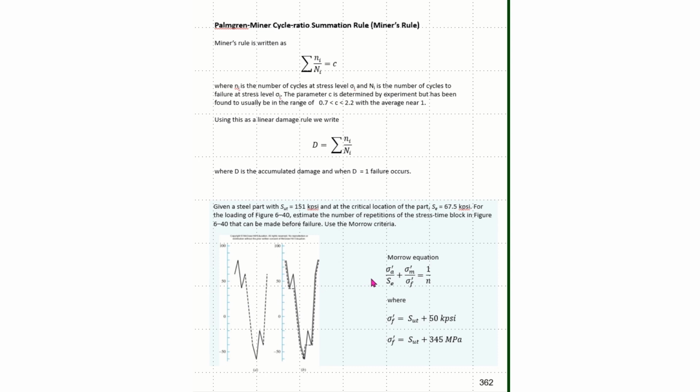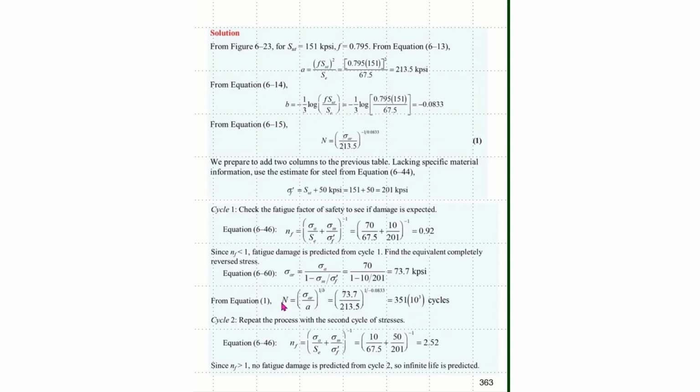And if you recall, the Morrow criteria is very much like the Goodman, except we have replaced the Sut with sigma F prime, where sigma F prime is the Sut plus 50 in kpsi, or the Sut plus 345 MPa. So we'll use the Morrow criteria to do this analysis and predict failure.